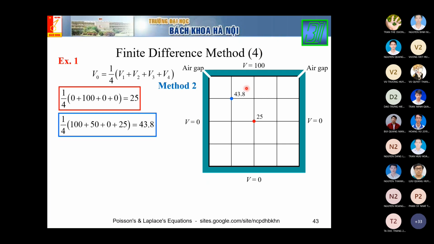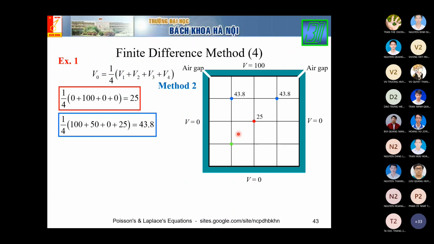So, due to the symmetry, the vertical symmetry of the system here, we can project our just found result onto this point, this node, I mean. Okay. And then I will try to find the potential of the green node, this one. Can we apply the diamond here, guys?